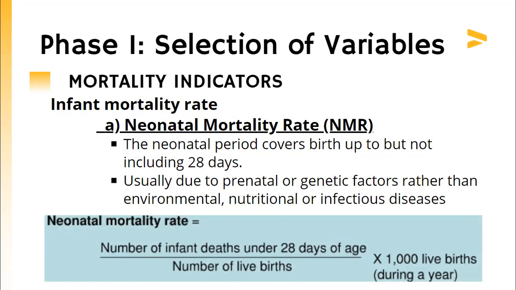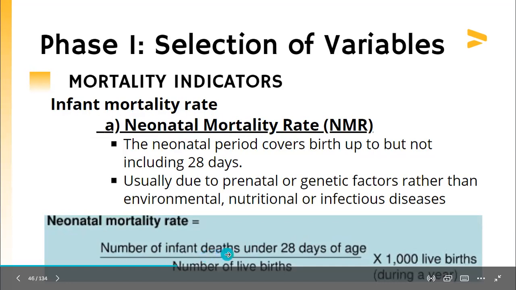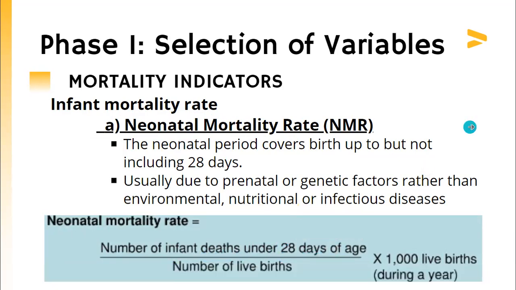How do we compute it? The number of infants under 28 days of age from birth, we compare it with the total number of live births, and then we multiply it with 1,000, which is the factor for this NMR computation.